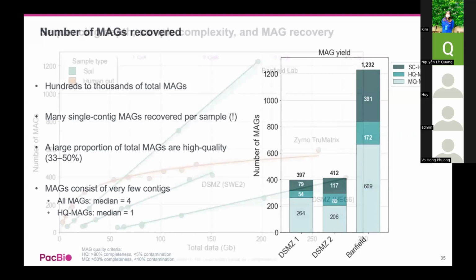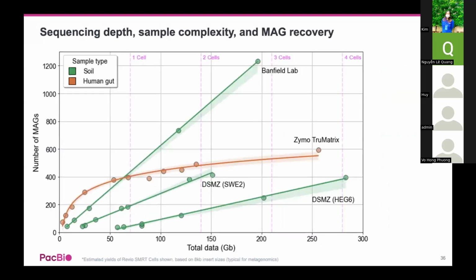And here I'm showing the number of MAGs versus the total data generated for those 3 samples in comparison to the ZymoBIOMICS fecal reference standard, which is a human fecal reference sample. With the Zymo sample, we have reached saturation by sequencing on 4 Revio cells to successfully characterize every single species and strain.